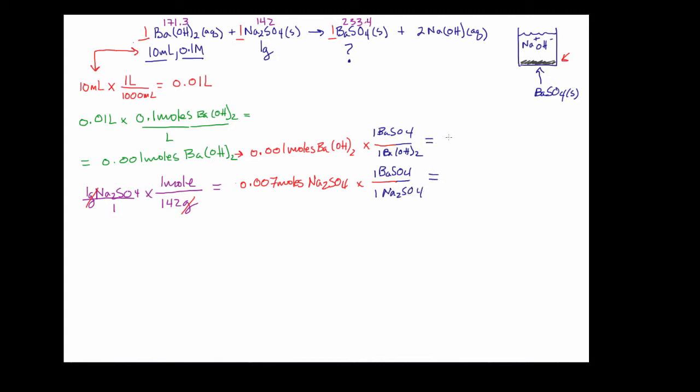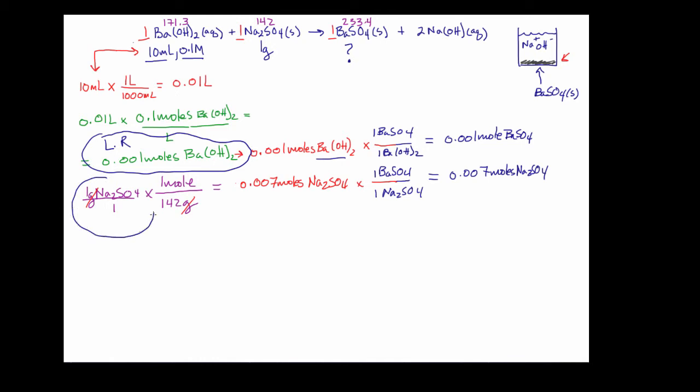So you can see that we're going to produce 0.001 mole of the barium sulfate by the barium hydroxide, and the sodium sulfate, if we were utilizing that reactant solely on its own, we'd be producing 0.007 moles of BaSO4. So we produce less amount of BaSO4 utilizing the barium hydroxide. So I'm going to come back over here and circle this and label it as my limiting reactant, and therefore the sodium sulfate is the thing that's in excess.